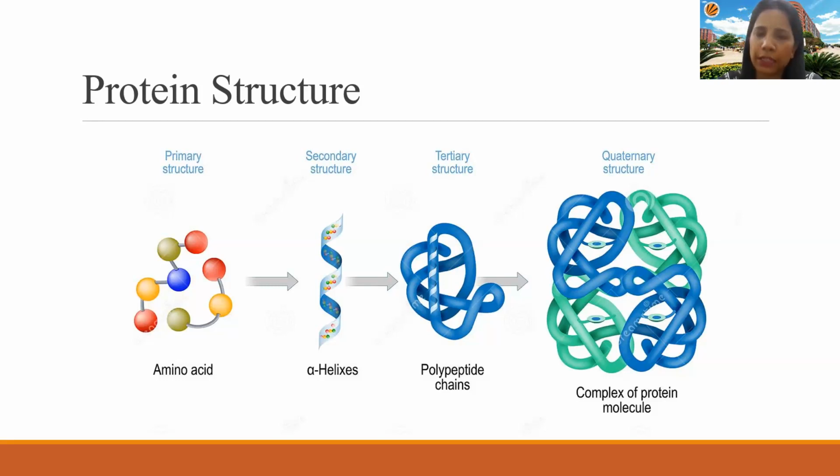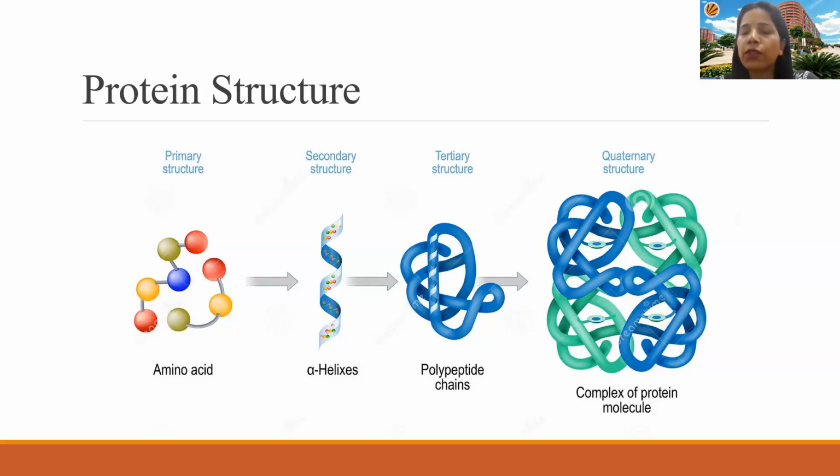In the secondary structure, the simple sequence of amino acids is further condensed. These different secondary structures, alpha helix and beta sheets, are combined together to form the tertiary structure, which is the more complex, condensed form.